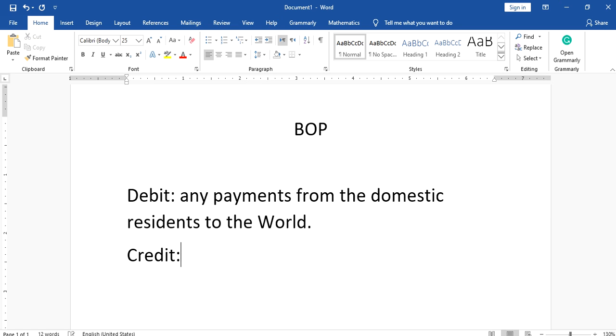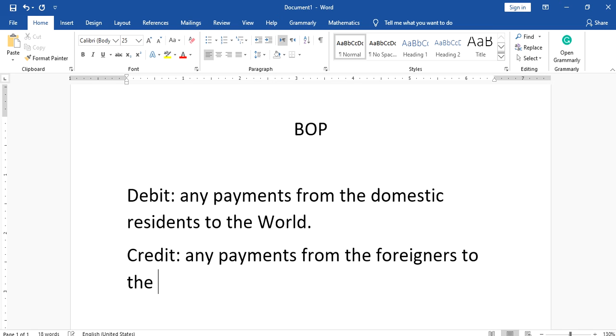Credit: any payments from the foreigners to the residents or to the domestic country would be registered as a credit.